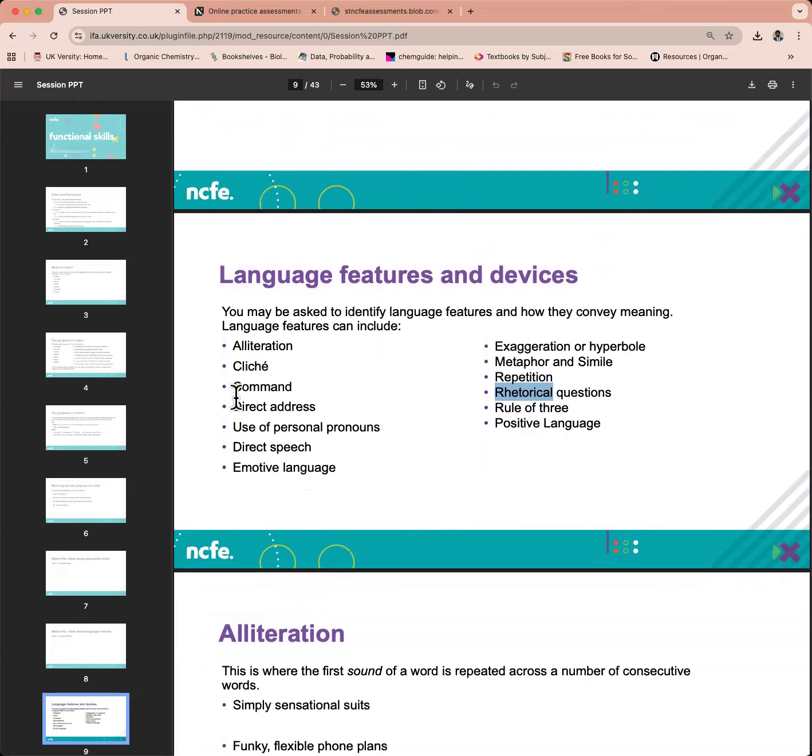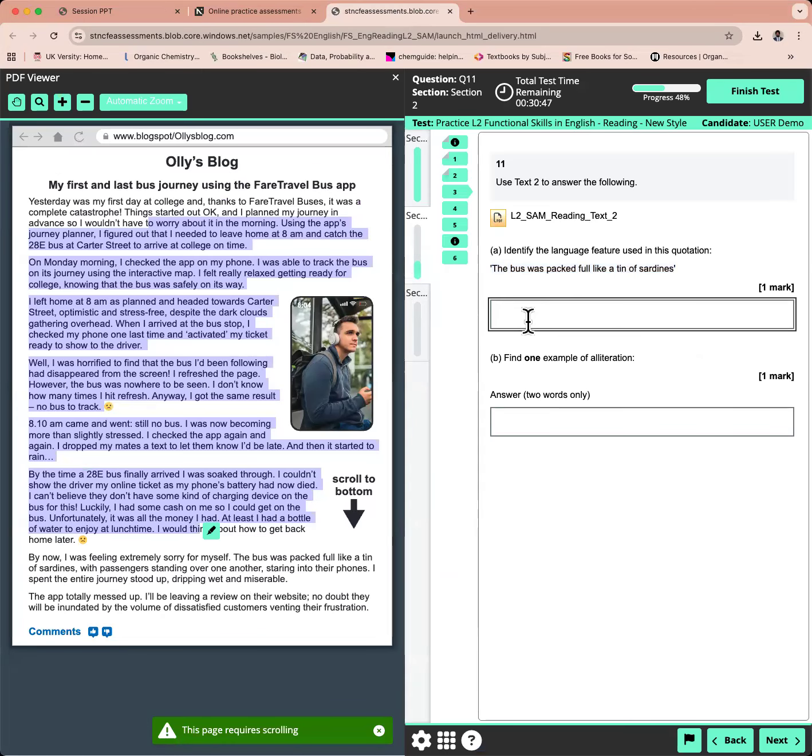That means they are packed. The bus is fully packed. In most cases when you buy sardines, they are available in a tin pack and they squeeze a lot of these small fishes together. So it's a direct comparison, and that is why it is a simile.